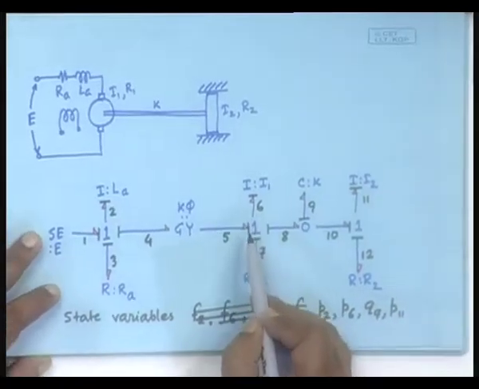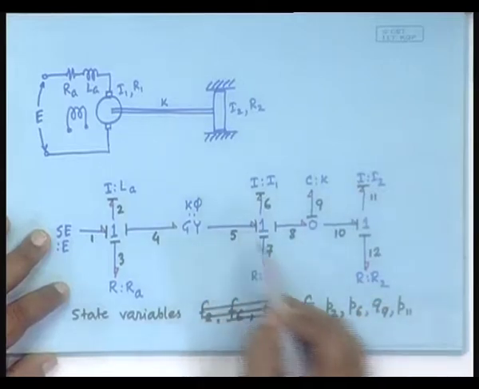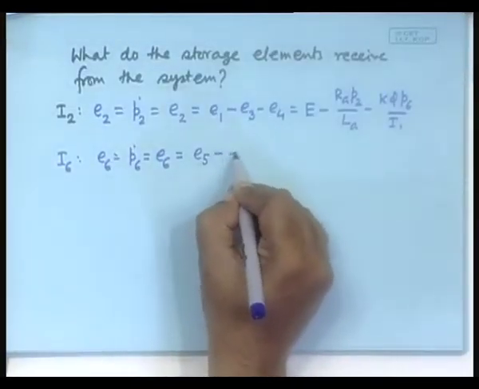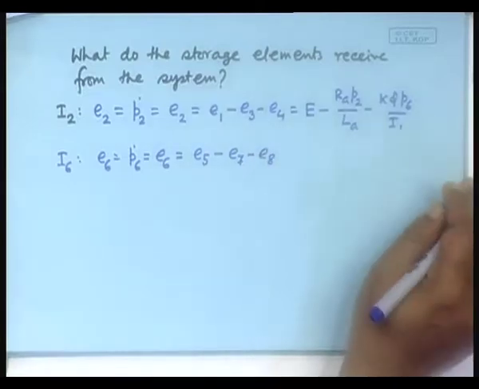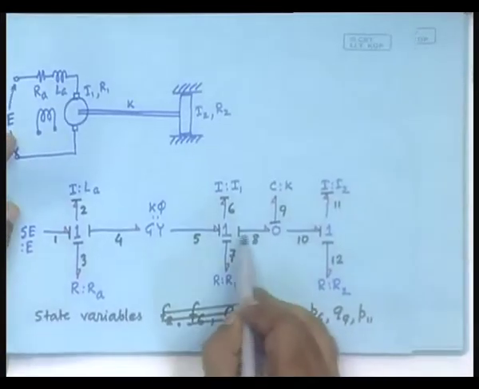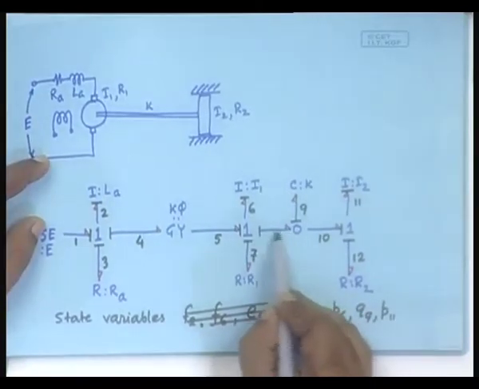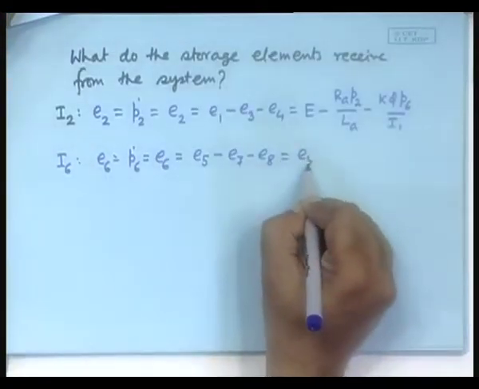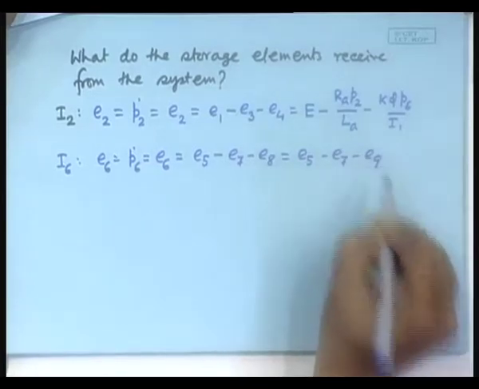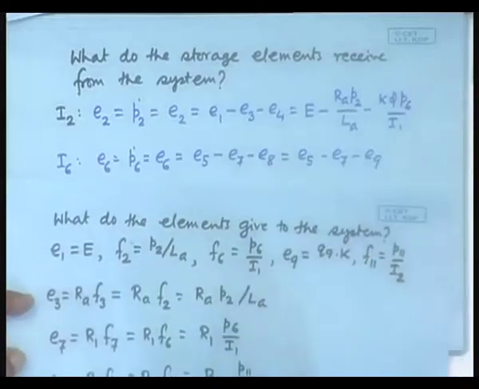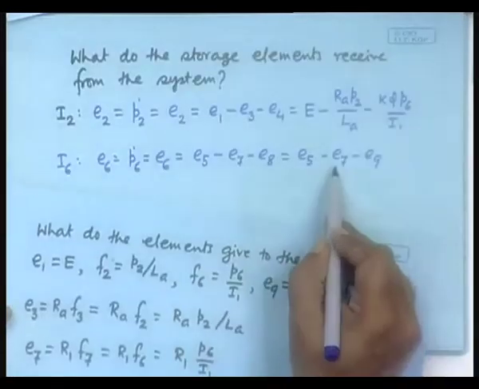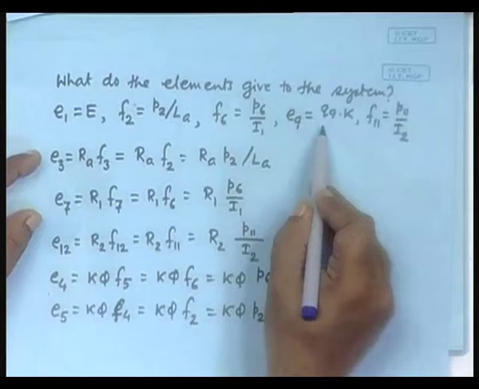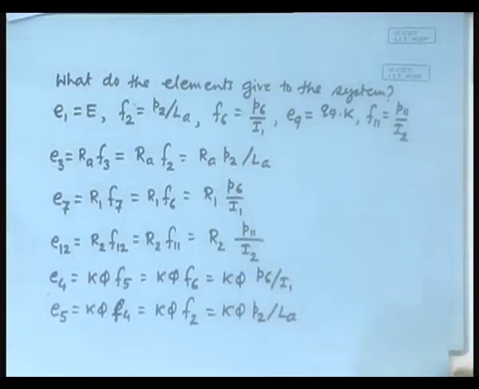Because it is a one junction, it will be an effort summing junction, therefore E5 minus E7 minus E8. E8 comes from E9, because that is a strong bond. So, we can write E5 minus E7 minus E9. Now, you notice that all these are available: E5 here, E7 here, E9 here. Just substitute.